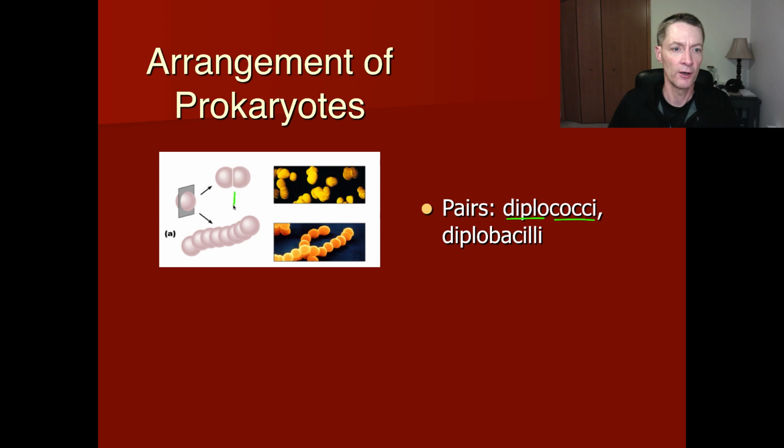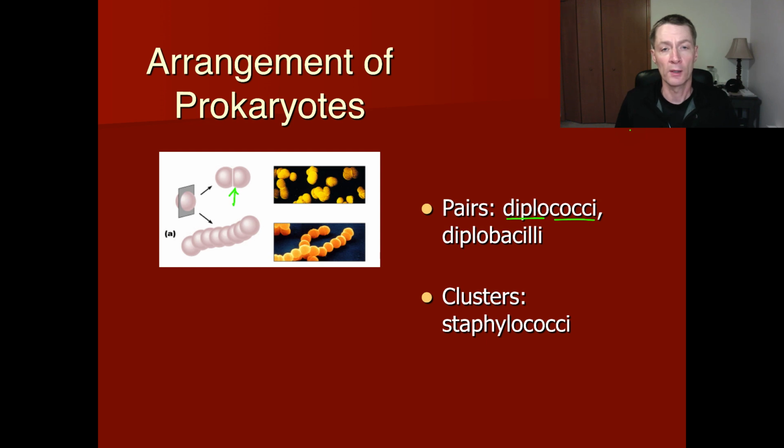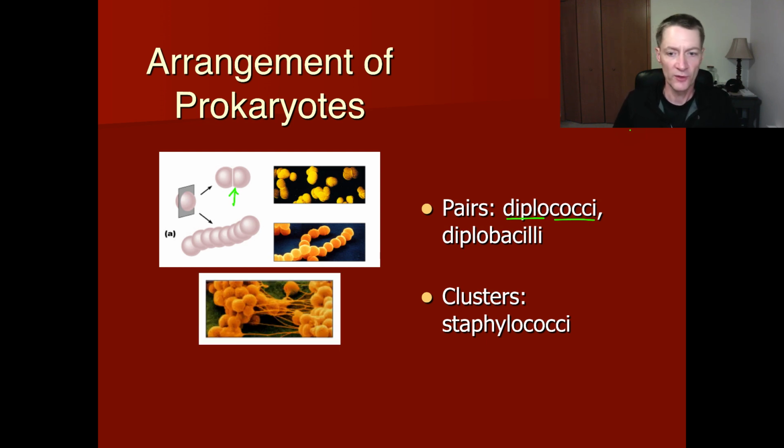Like you see here with this example, all right? We also see cells will cluster up, right? Like grapes almost. So here we see staphylo in the prefix, staphylo meaning that it's a grape-like cluster, and then cocci, of course, which is spherical shape. And here you see some examples of that.